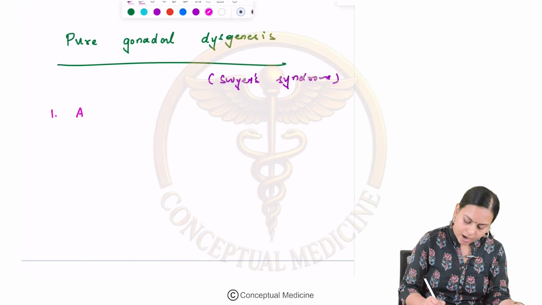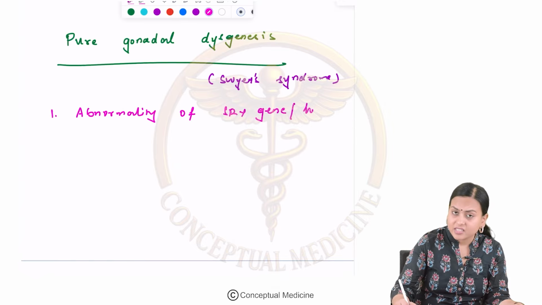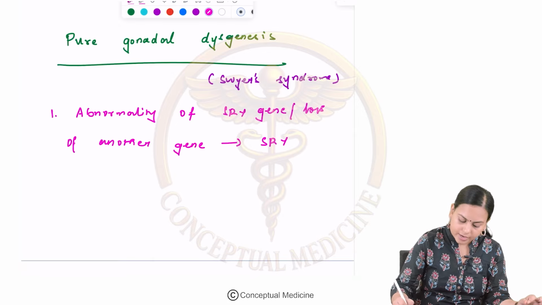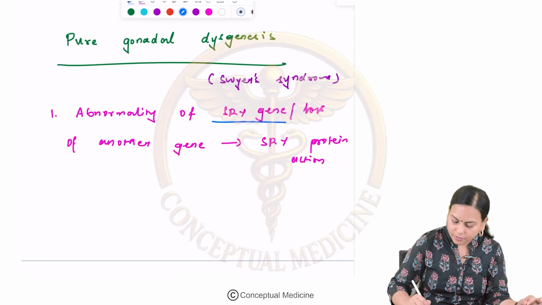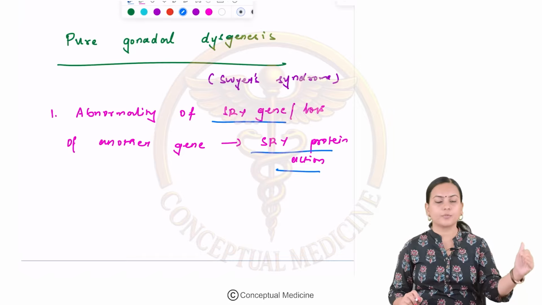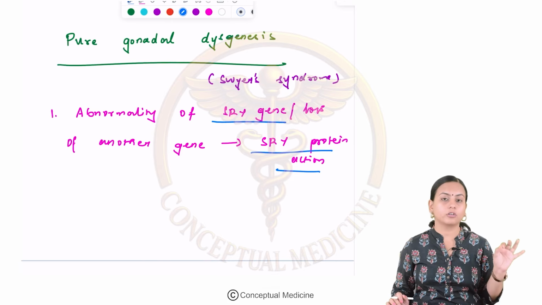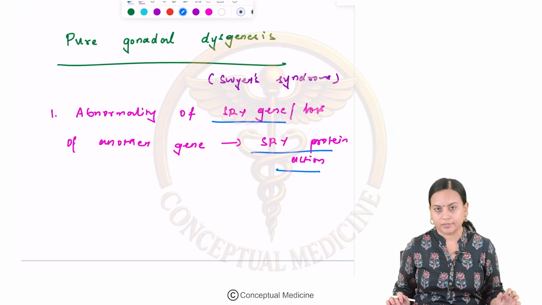There is abnormality of the SRY gene, or there is loss of another gene that is necessary for the SRY protein action. So it all depends upon the SRY gene. There is abnormality in the SRY gene itself, or in another gene which is responsible for the SRY protein action. Clear?